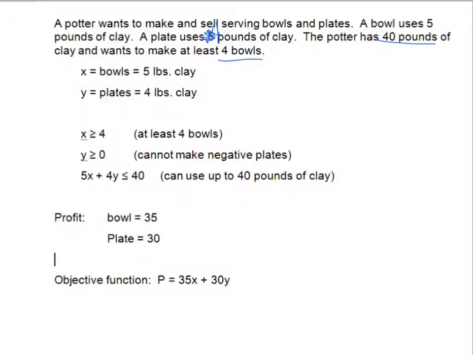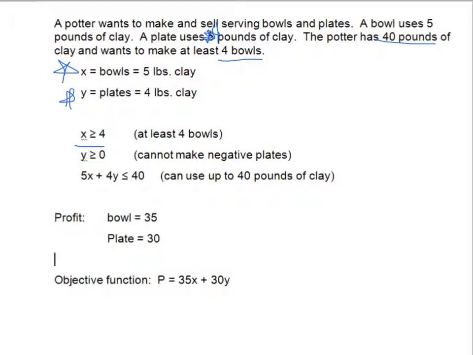Okay, so first thing, we're going to describe for ourselves what we are doing. We're going to define the number of bowls as X, which we know takes 5 pounds of clay for each one. We're going to define the number of plates as Y, and they use up 4 pounds of clay for each one. All right, our constraints have to be these.